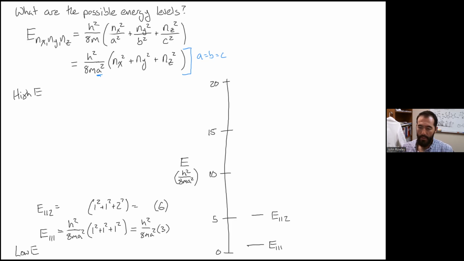Okay, let's go to the next highest level. That would be the E122 level. To calculate that, it would be 1 squared plus 2 squared plus 2 squared, so E equals 9.